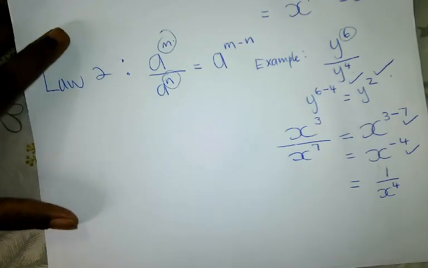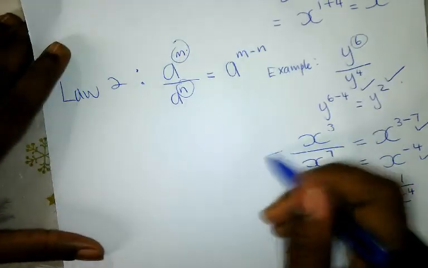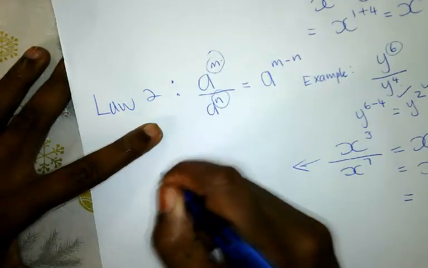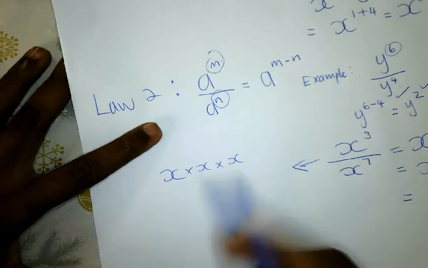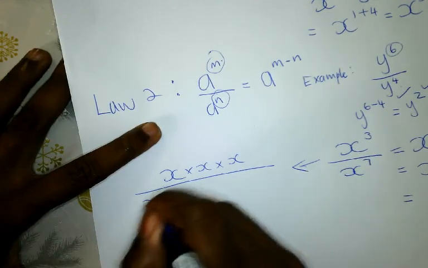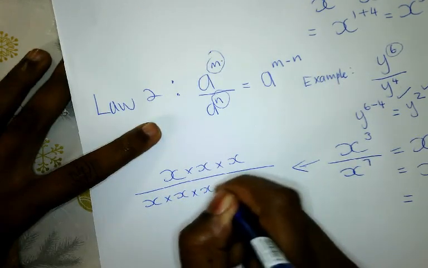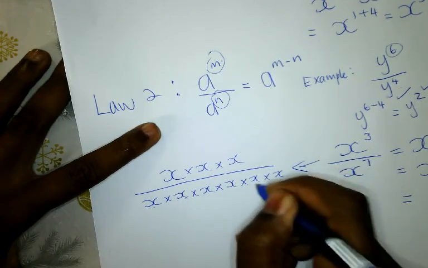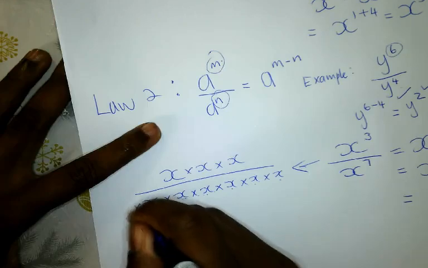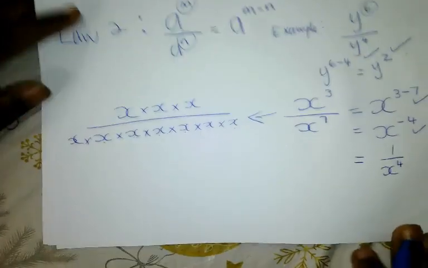Now, let me explain this one. If I were to expand this, I have 3 x's on top. And how many x's at the bottom? 1, 2, 3, 4, 5, 6, 7.